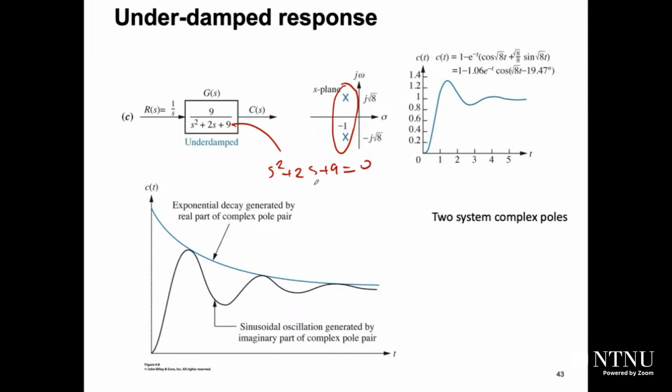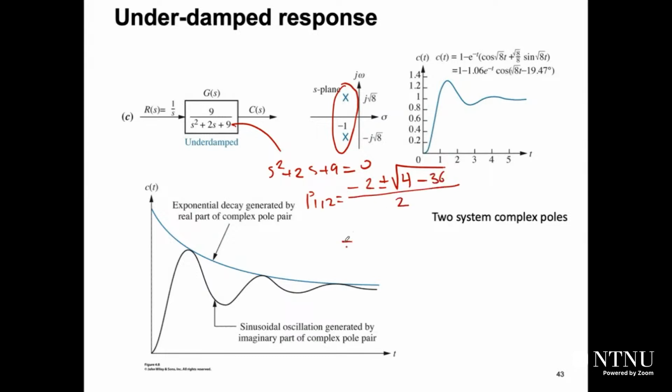If we use the formula, p1 and p2 will be minus b, which is minus 2, plus or minus the square root of b squared minus 4ac, so 4 minus 4 times 9, which is 36, divided by 2.